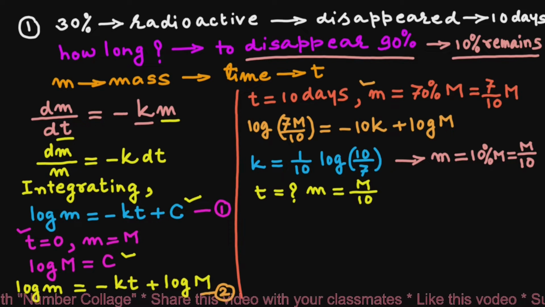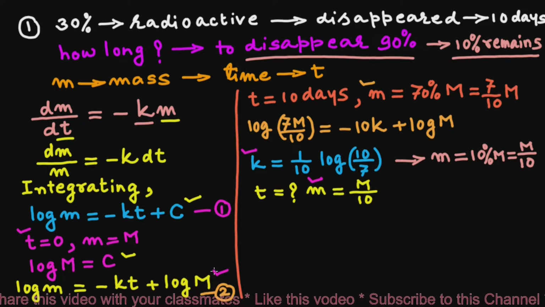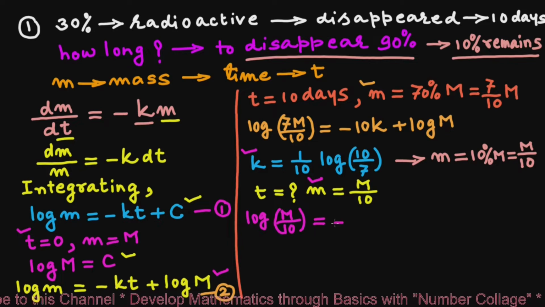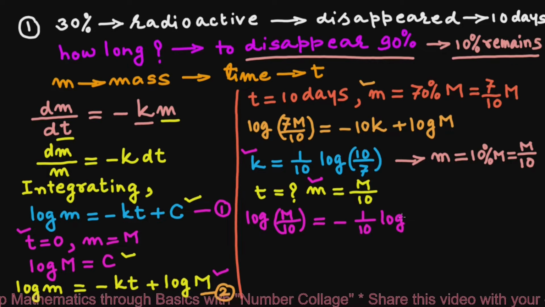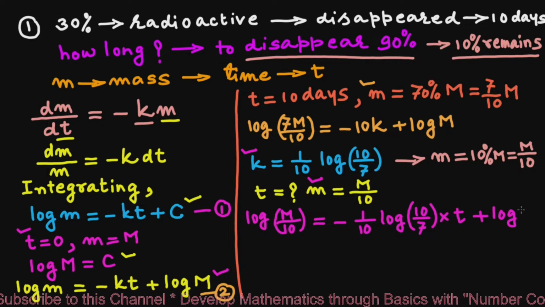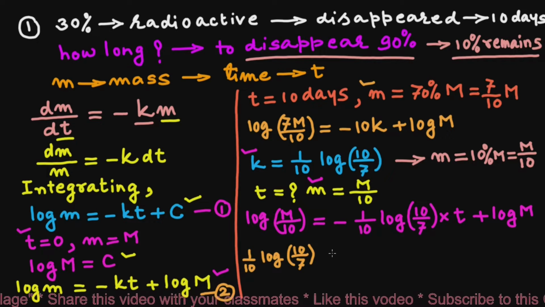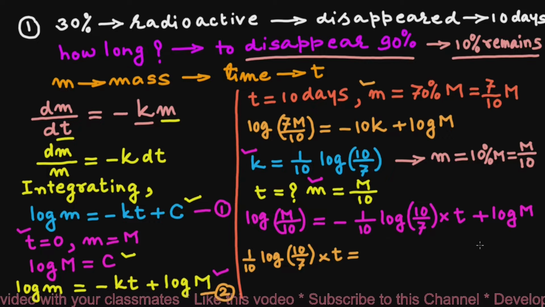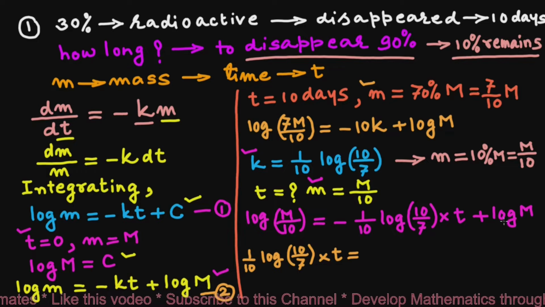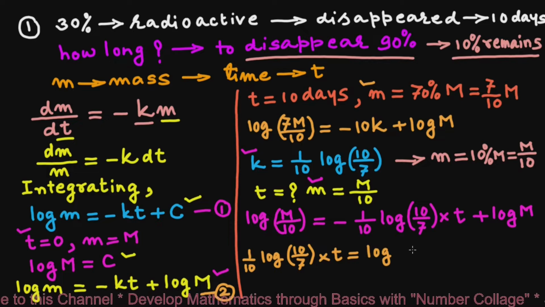Now we will substitute the values of k and small m in equation 2 and write log (M/10) = -1/10 log (10/7) multiplied by t + log M. This will be 1/10 log (10/7) multiplied by t = log M - log (M/10), that will be log (M / (M/10)), which will be log 10.